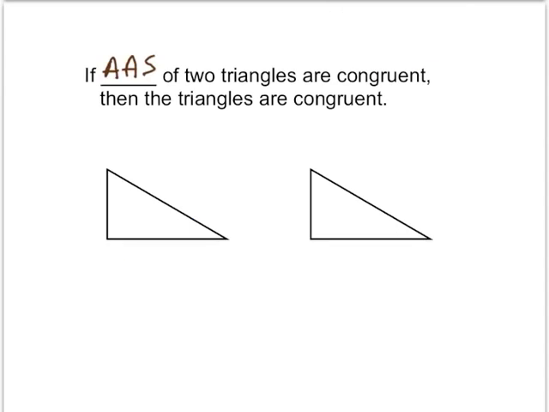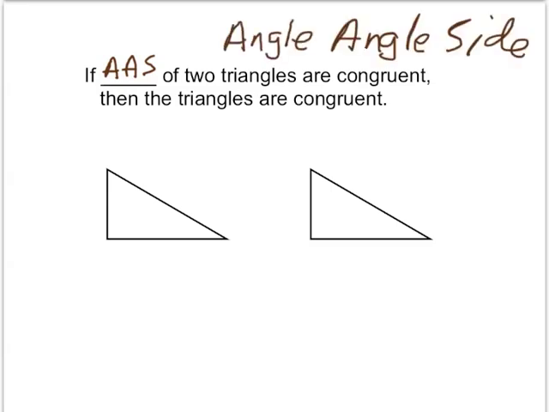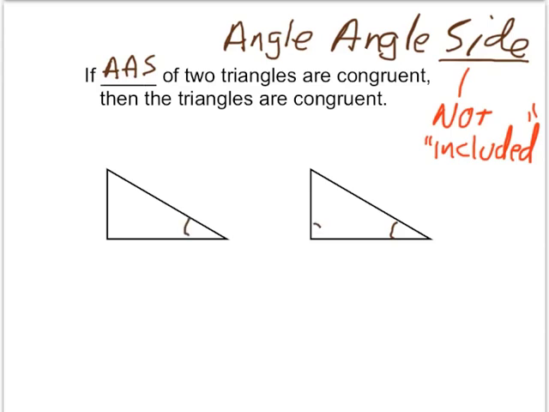And one final theorem that we'll deal with is called AAS. In other words, angle, angle, side. For this theorem, we want to make sure that the side we're talking about is not the included side. So an example of this, let's say we have these angles congruent, and we've established that these angles are congruent.